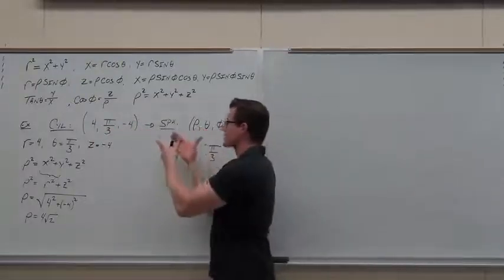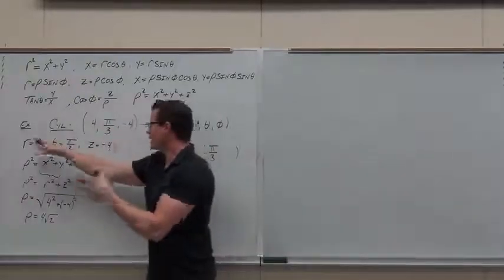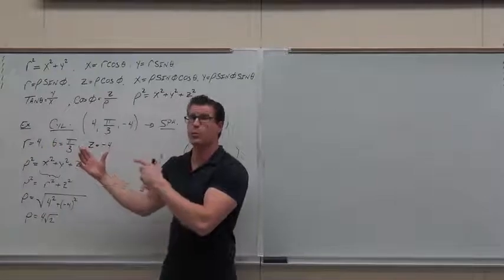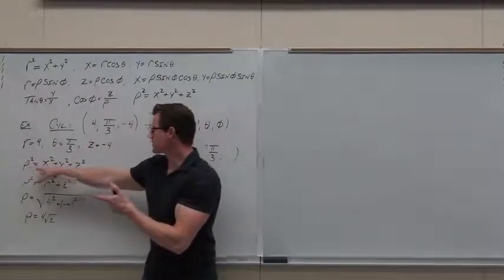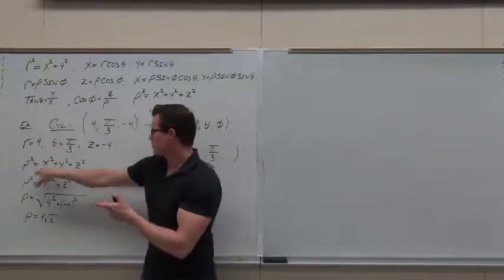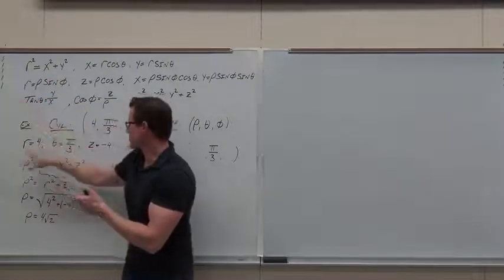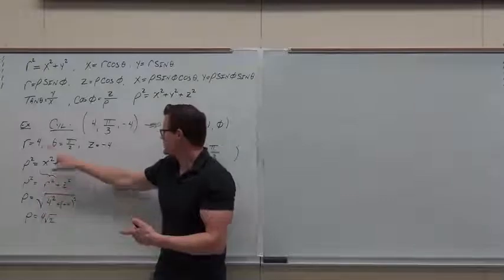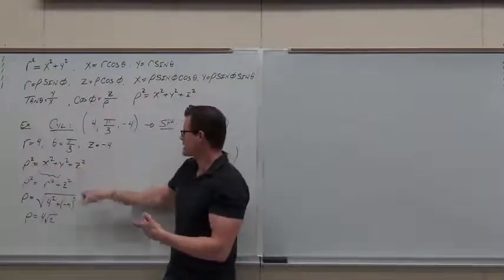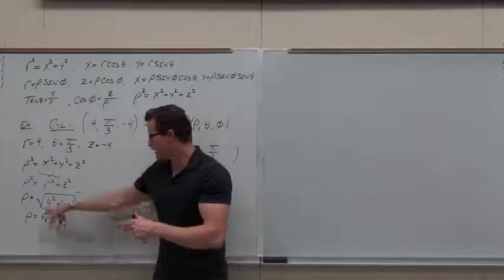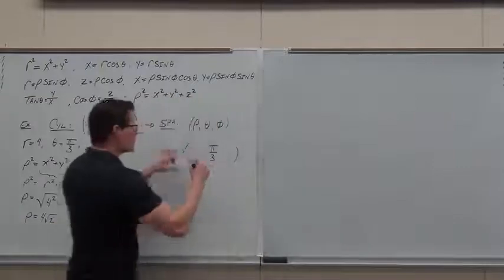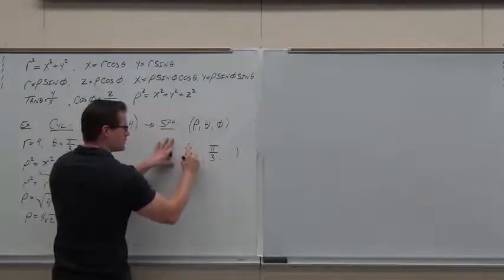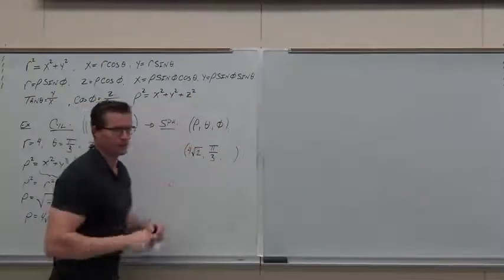The r and the z, yeah, we're going to have to use those. And if rho squared is defined as this, well, x squared plus y squared is r squared. That makes it even nicer. You just plug in the 4, plug in the negative 4, square them, add them, take a square root. It's going to be 4 root 2, so I've already calculated that one.